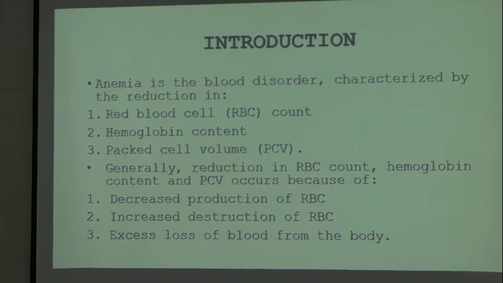What are the three main reasons? During hemorrhage, a lot of blood is coming out from the body, so it may cause it. And next is less production, more destruction.